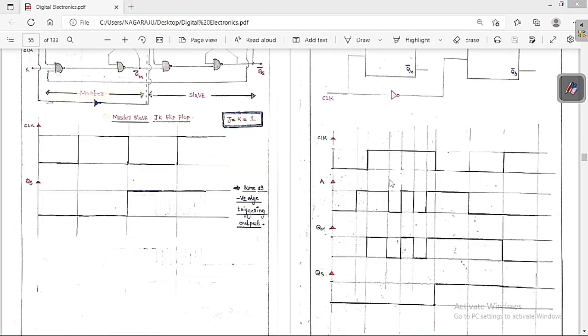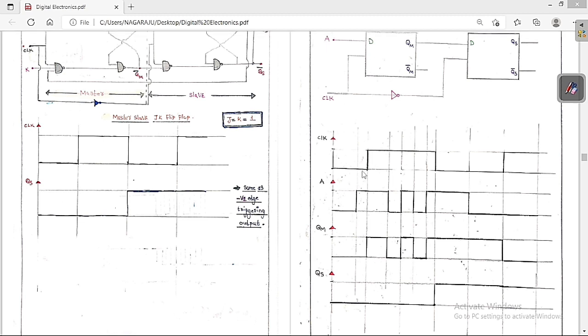Now, listen carefully. If clock is equal to 0, the slave flip flop is active, so whatever the QM, same thing we are going to get. QM is 0, so same thing we are going to get. But here clock is equal to 1, which means it is inactive, so whatever the previous state, it is going to stay the same here also.